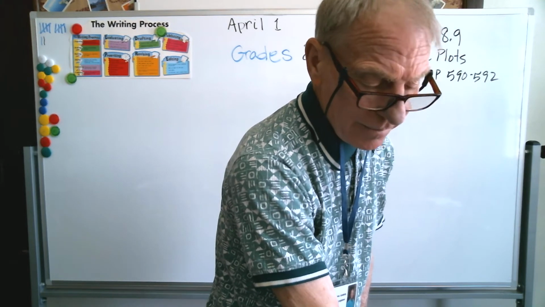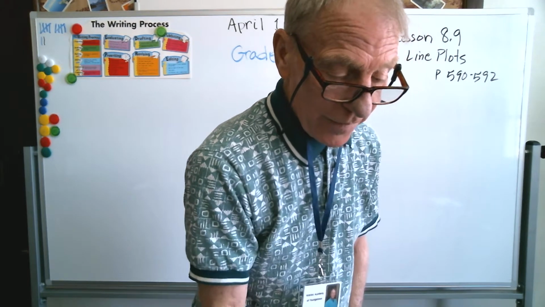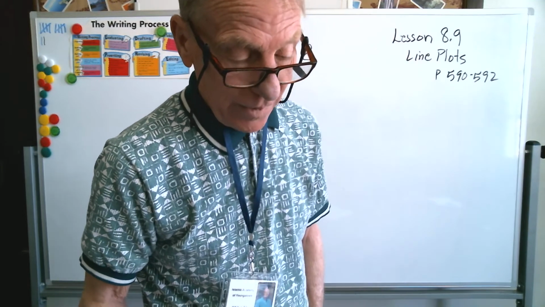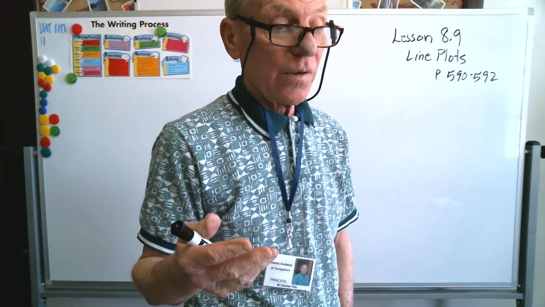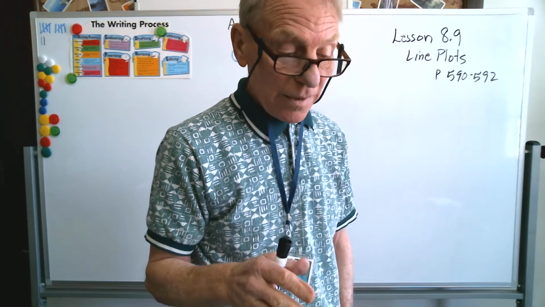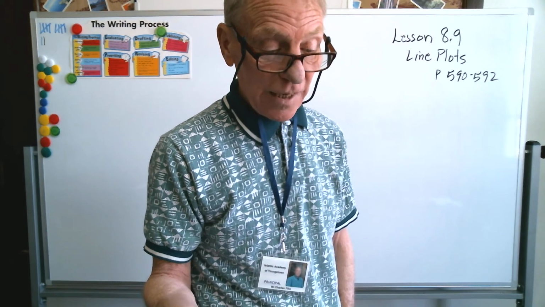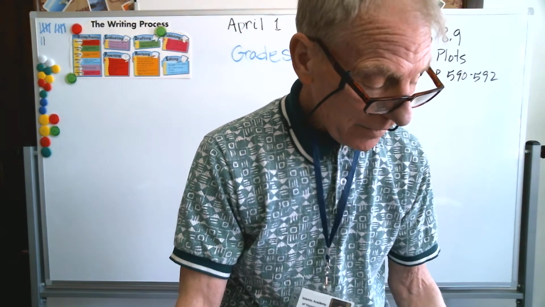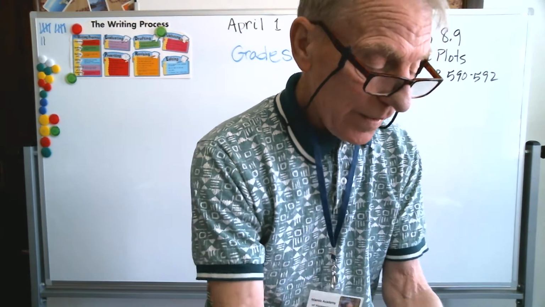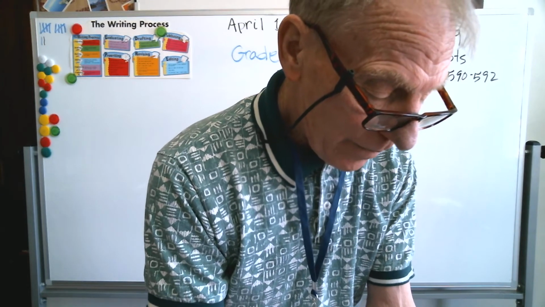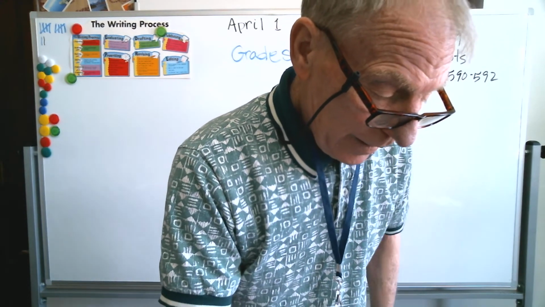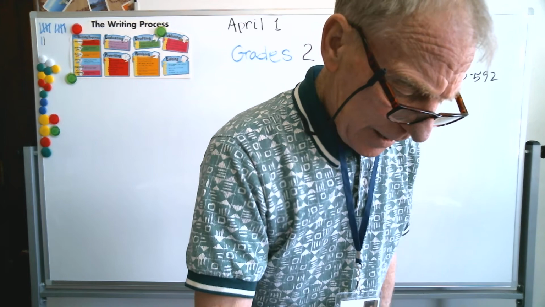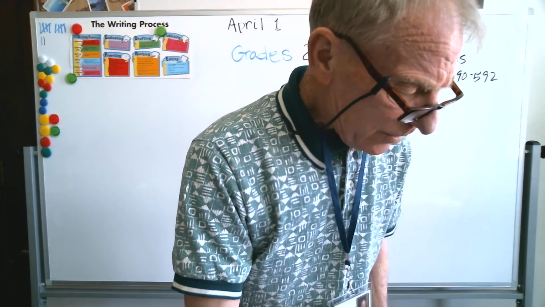Some adding of numbers together. And I see that you're getting real close to the Chapter 8 unit test. And that might be something you want to take a look at. Just glancing at it here, I see that a lot of it has to do with measurement.